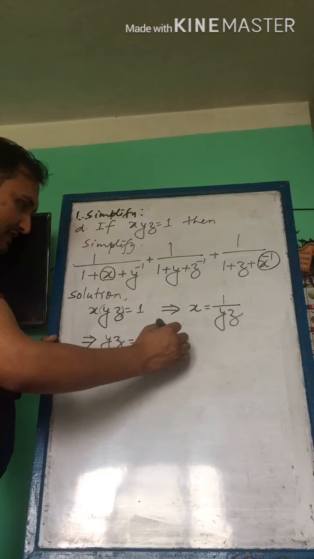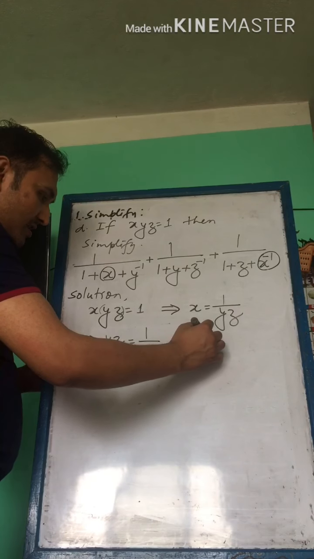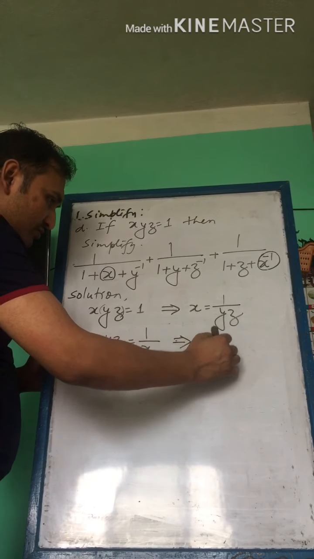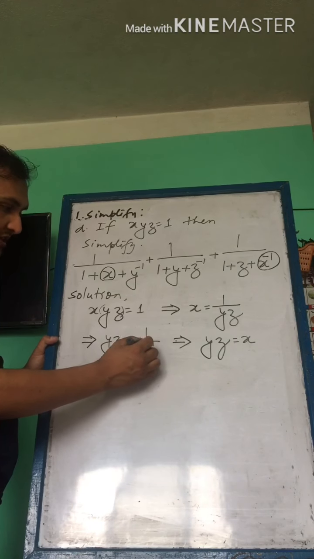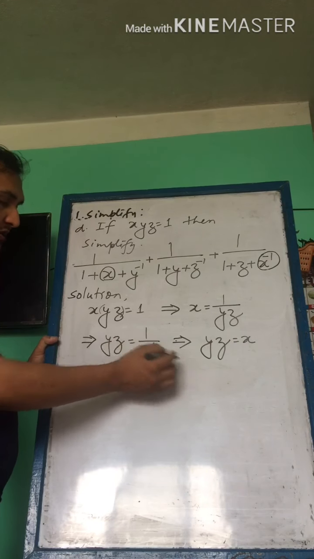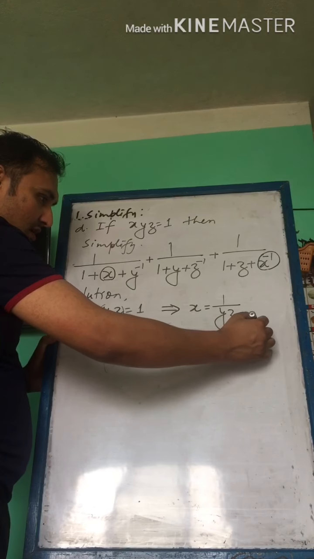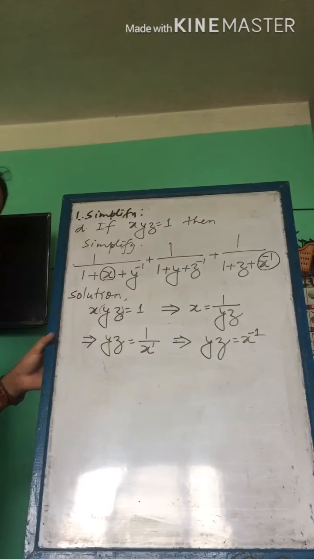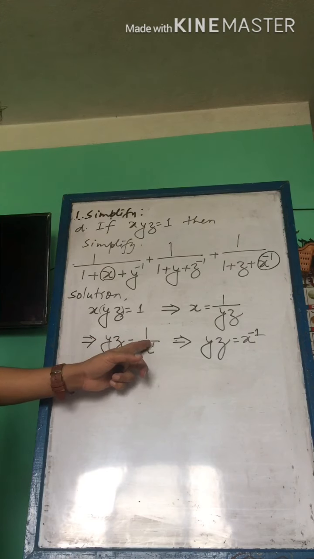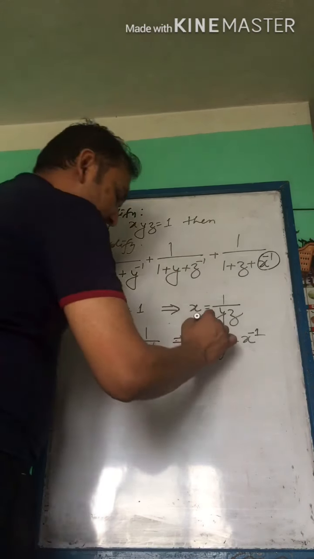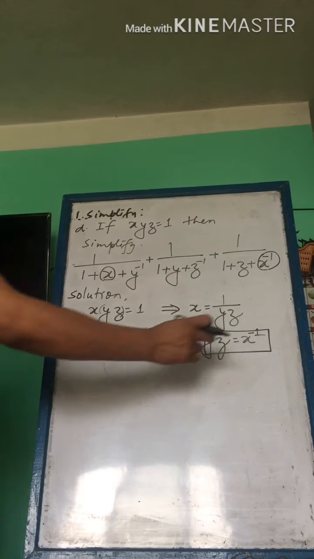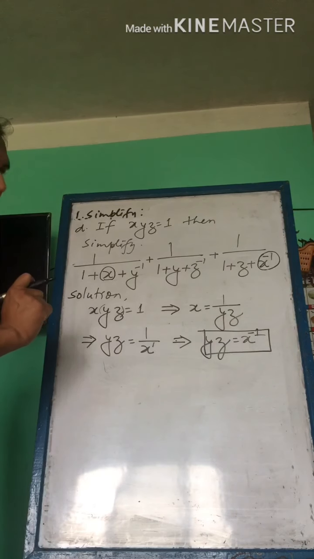This implies yz equals 1 upon x, by the negative rule of indices. If it has an index and is taken to the numerator part, its power will be negative. It has a power plus 1, no? When you go up, it will be x to the power minus 1. So x inverse, meaning x to the power minus 1, will be equal to yz. Can you write this, x to the power minus 1 equals yz?